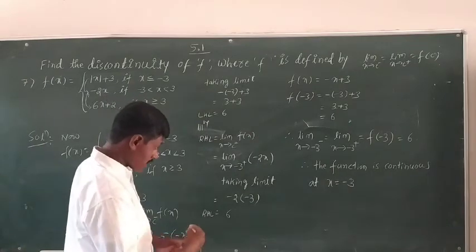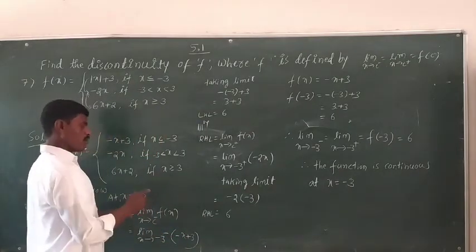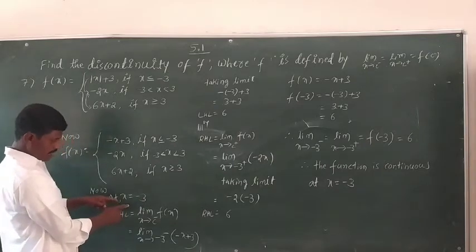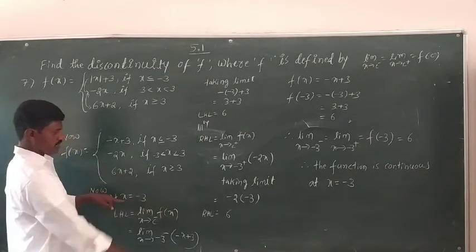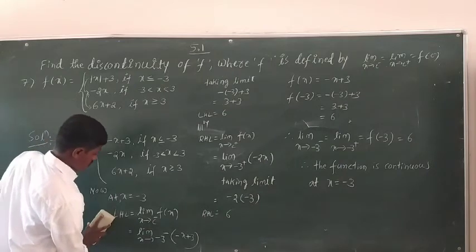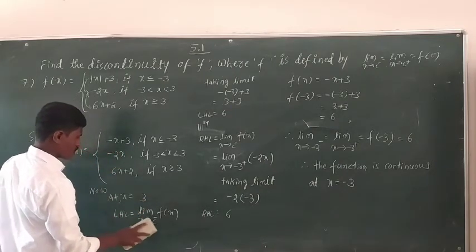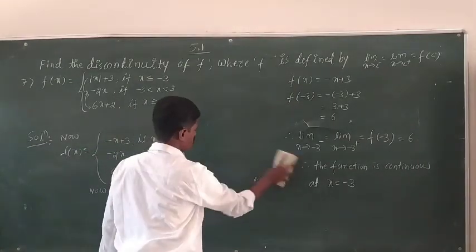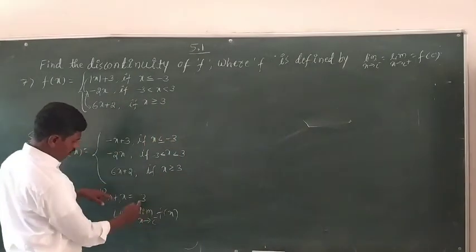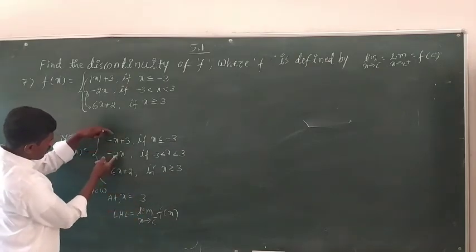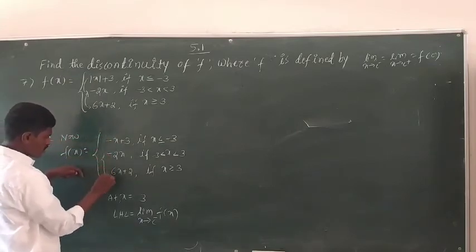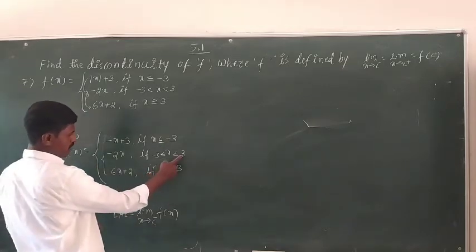Now the example is still going. We found the continuity of the function at x equals minus 3, and now we are going to check the continuity of the function at x equals 3. Here, for x equals 3, we consider these two functions, because the piece starts from here.